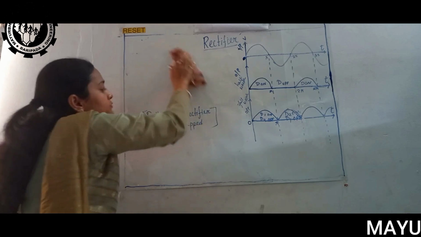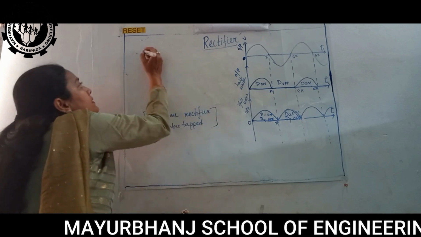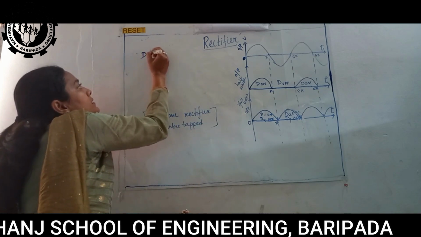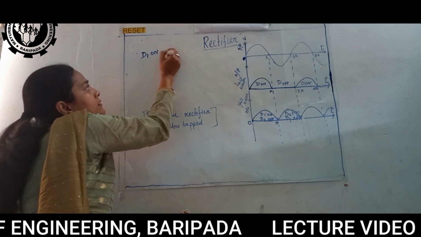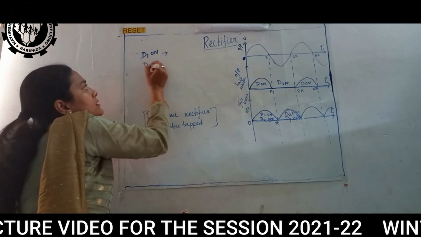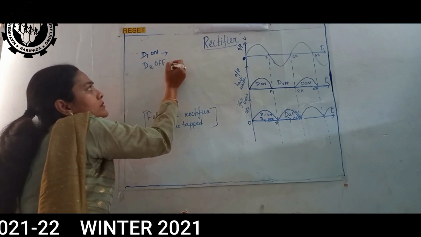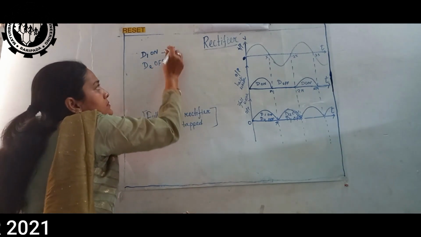You can note down for this full wave rectifier center tap: D1 on, D2 off when?